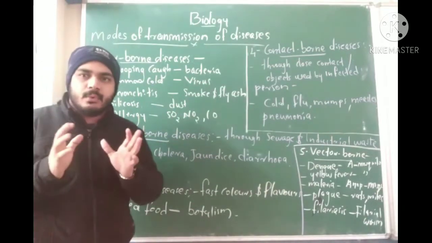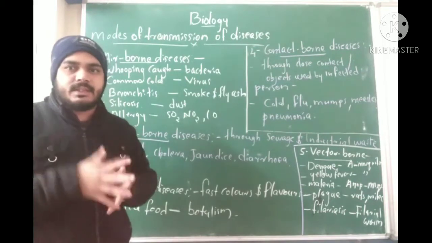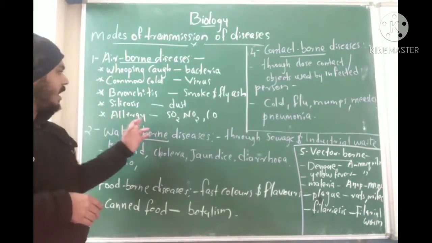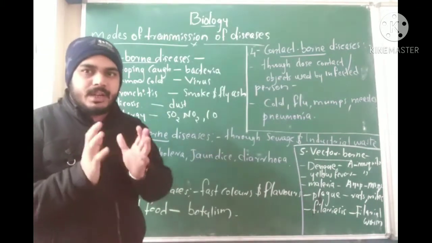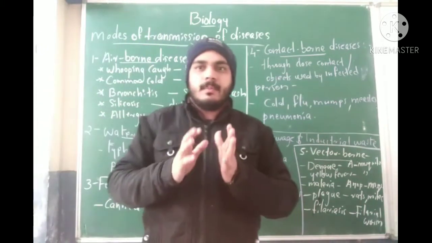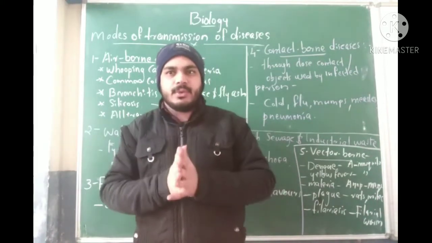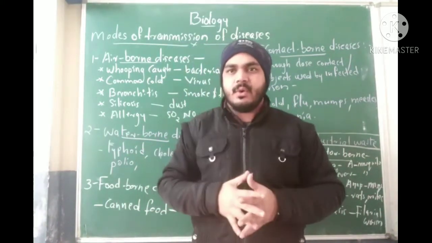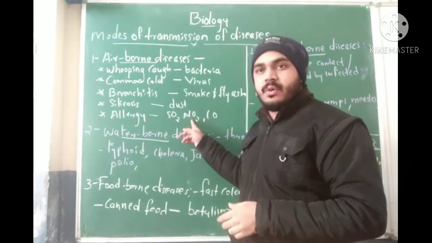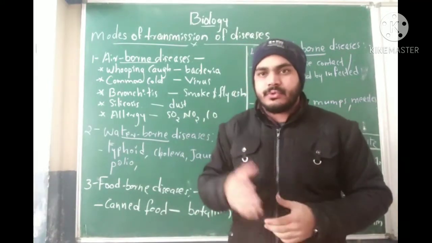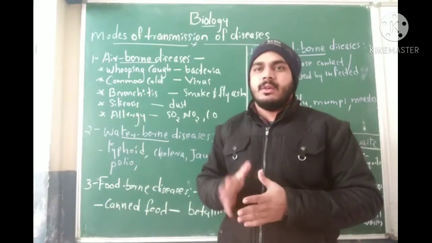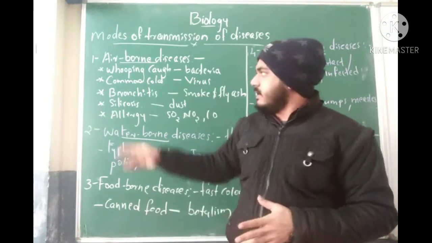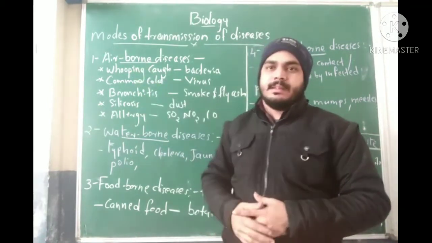It is caused by stone dust. And next one, allergy. Allergy is one type of air pollution disease, caused by pollutants like sulfur dioxide, nitrogen dioxide and carbon monoxide. So these are the main airborne diseases.